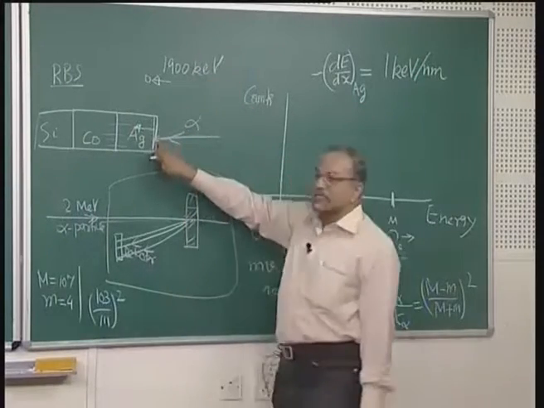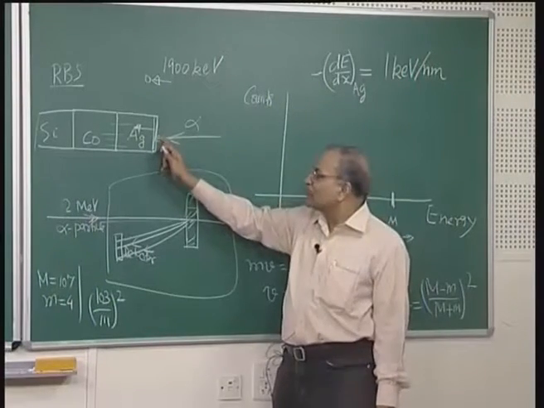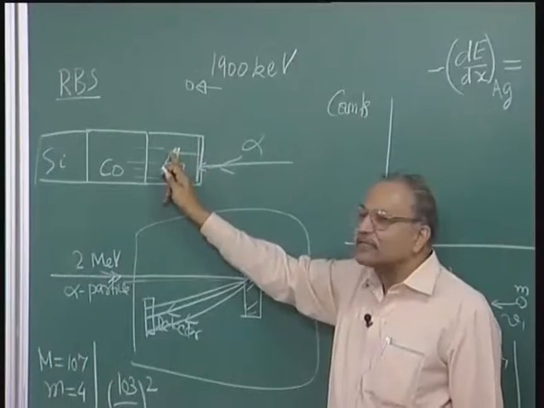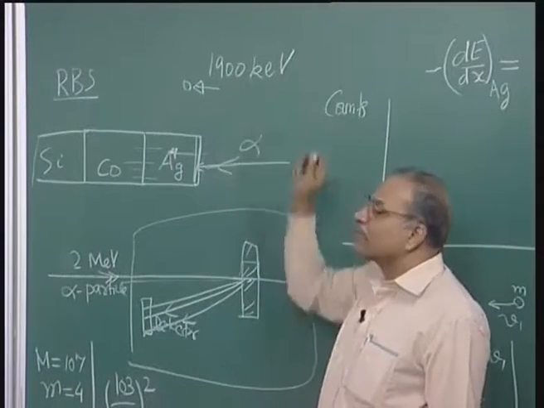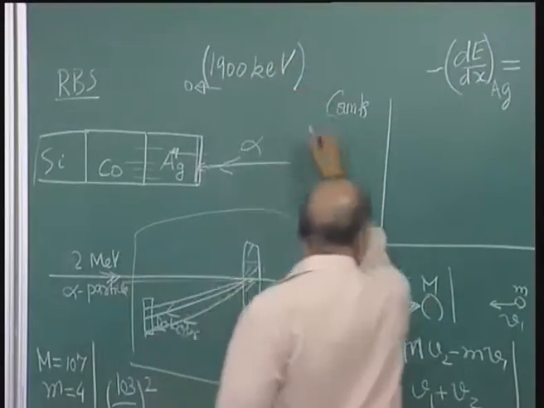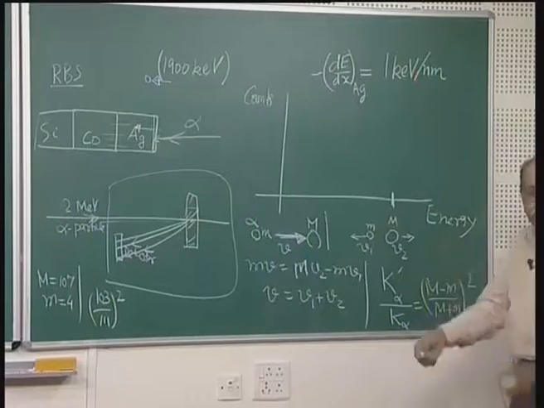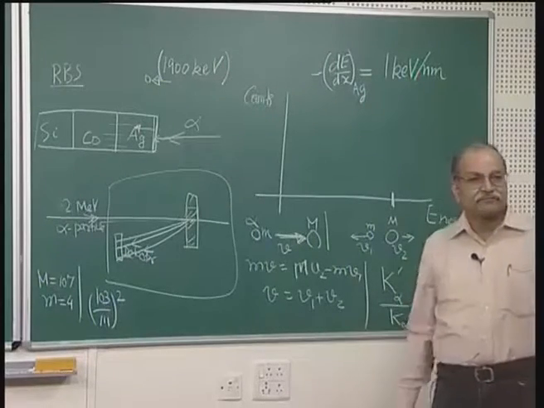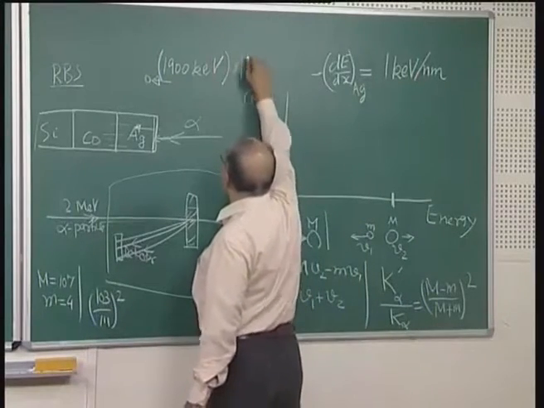If the encounter is at the surface, it was 2000 keV, but if the encounter is 100 nanometer deeper, it is only 1900 keV, and that will be multiplied by this factor. The kinetic energy will be reduced by this factor. So, this will be multiplied by whatever that factor is.